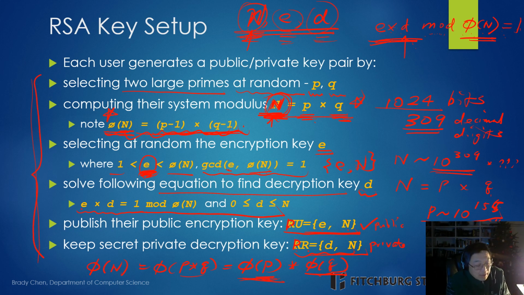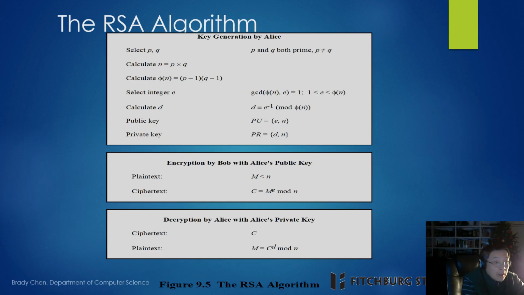Now let's see why this is working. Before we move forward, let's summarize the RSA algorithm. The first part of the RSA algorithm is to find N, E and D. In order to do this, we first select two prime numbers, which are not the same.